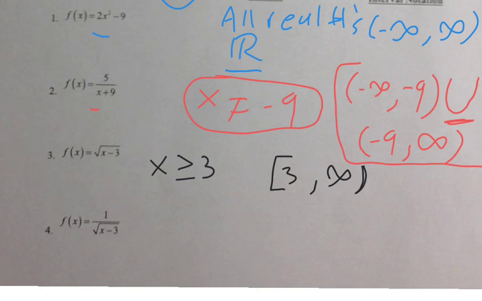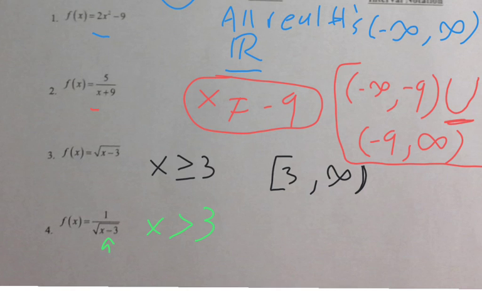Now, looking at question 4, it looks similar to question 3, but now the radical is in the denominator. So it can no longer be greater than or equal to 3, because then we'd have a 0 in the denominator, which we know is not allowed, which would make the function undefined. So we say this domain is x is greater than 3.